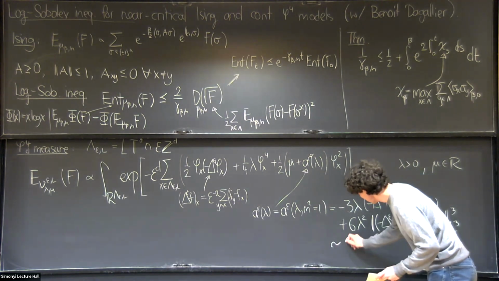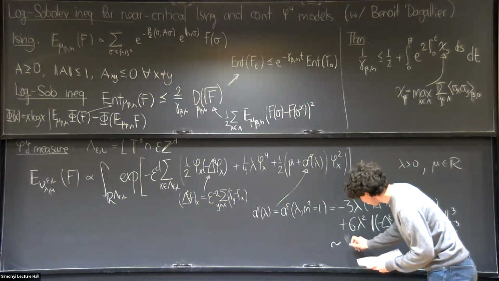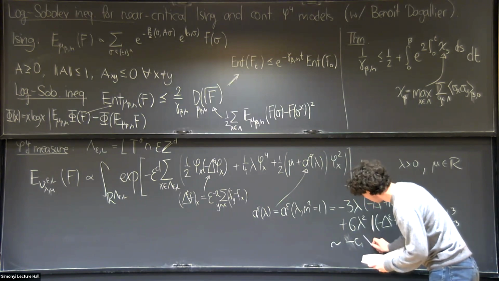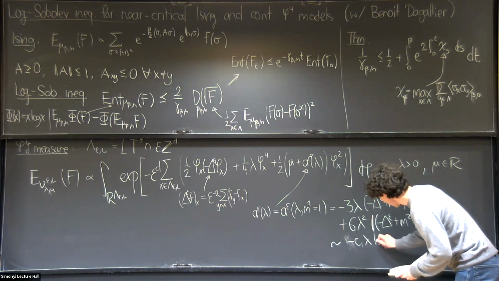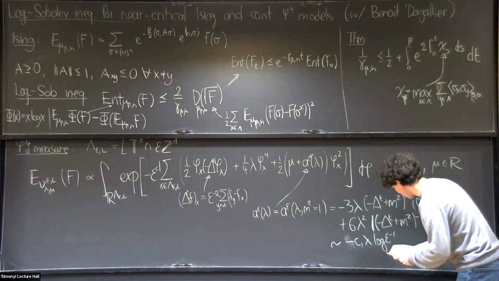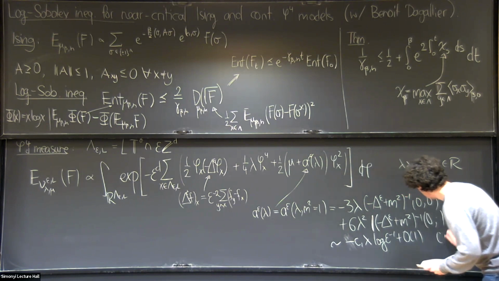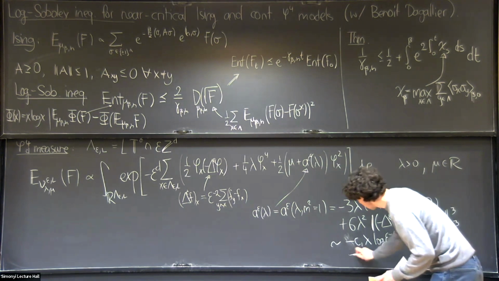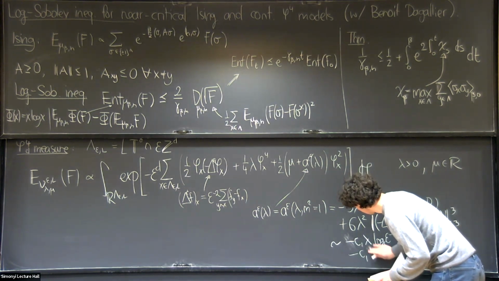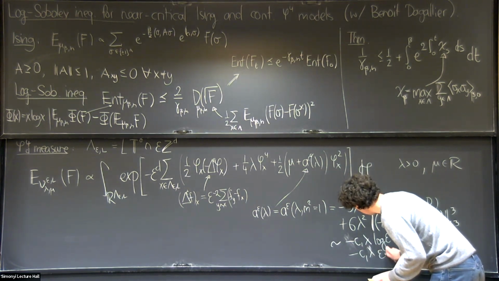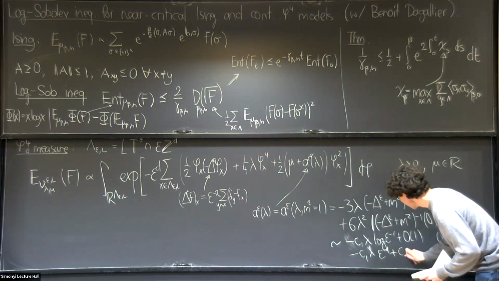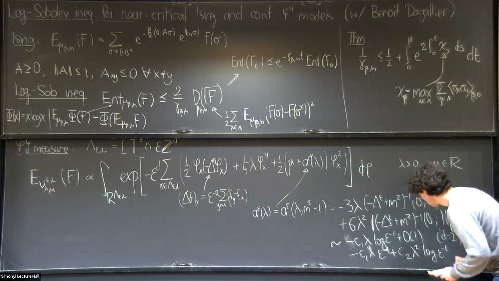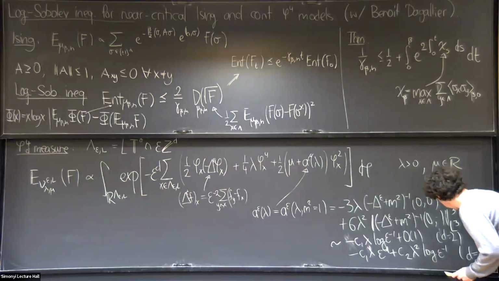What's important is that the leading term is always negative. So it's log epsilon in 2 dimensions, and it's epsilon inverse plus C2 epsilon squared log epsilon in 3 dimensions.